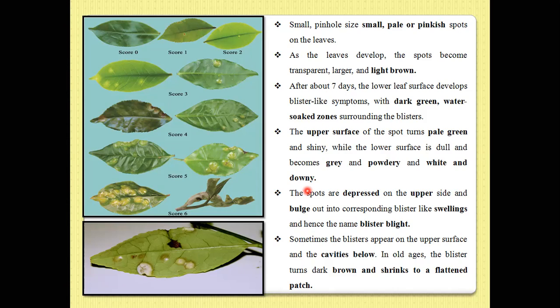Generally, this infection is seen on tea from June onwards, just at the start of the rainy season. Initially, small pinhole-sized pale to pinkish spots appear.